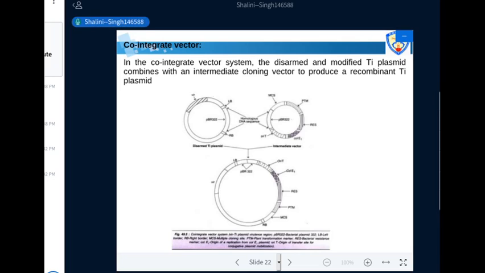In the co-integrate vector system, the disarmed and modified TI plasmid combines with an intermediate cloning vector to produce a recombinant TI plasmid. This is a disarmed TI plasmid from where the hormone biosynthetic genes and opine synthesizing genes have been removed, and then it is cloned with the intermediate vector.